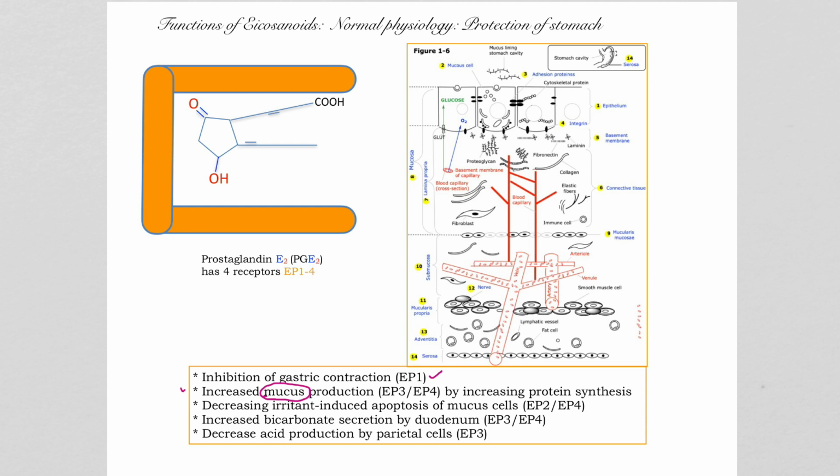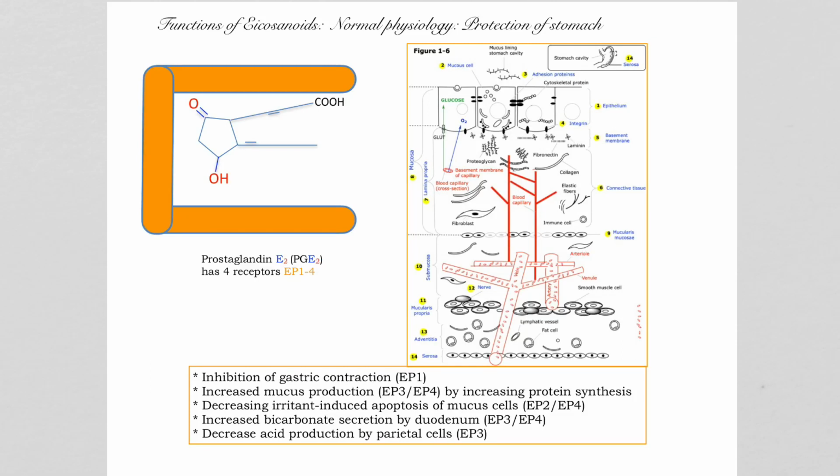And one of the things that prostaglandin E2 does, it actually increases the mucin protein production. Mucus has a lot of proteins called mucin, so by increasing protein synthesis, the mucus cells produce more mucus. Okay, in this case, the prostaglandin E2 binds receptors EP3 or EP4.